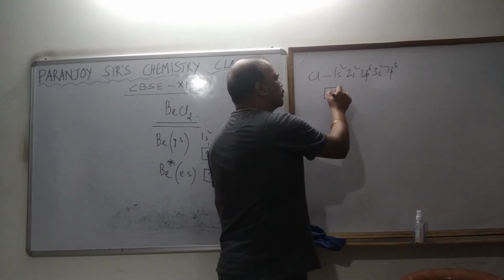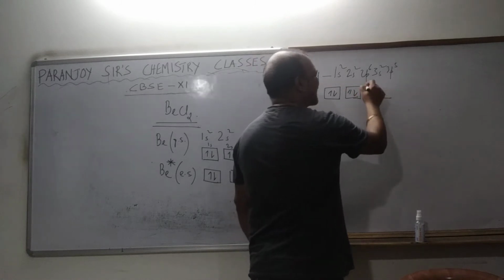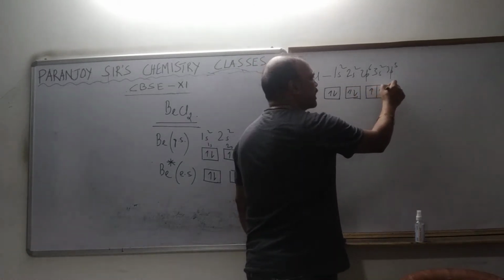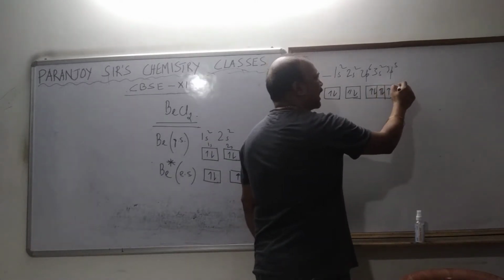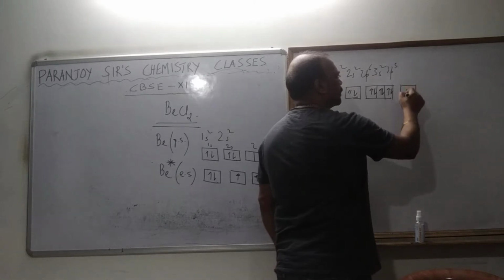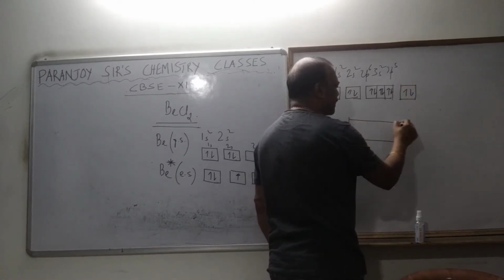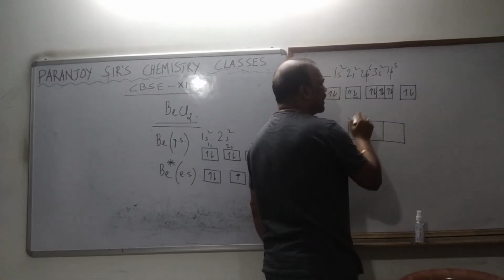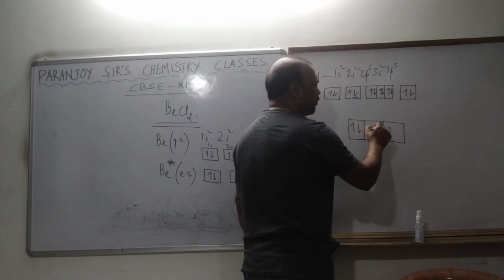So 1s2, 2s2, 2p6. You know how to fill it up, it's nothing new for you. Then 3s2, and I'm writing 3p here because that is the important one in this particular case. 3p, how many electrons are there? 5: 1, 2, 3, 4, 5.